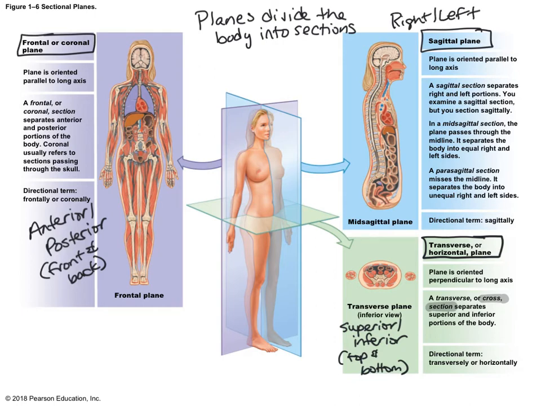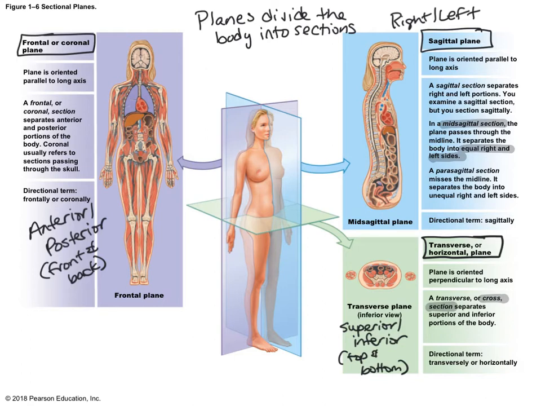If that line divided the body into identical right and left portions, then it would be called a mid-sagittal section. A mid-sagittal section is when the plane passes right through the midline, separating the body into equal right and left sides.